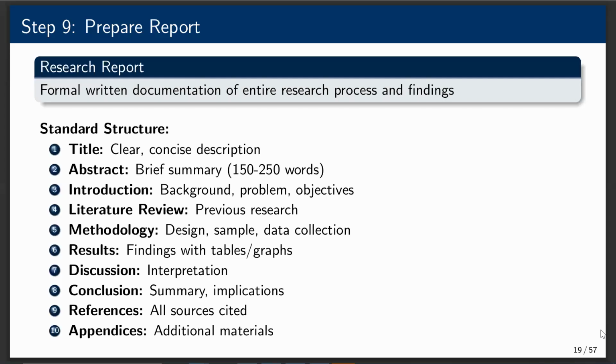The references are all sources cited, and appendices, basically it will include the additional materials. So please follow this standard structure of preparing a research report.